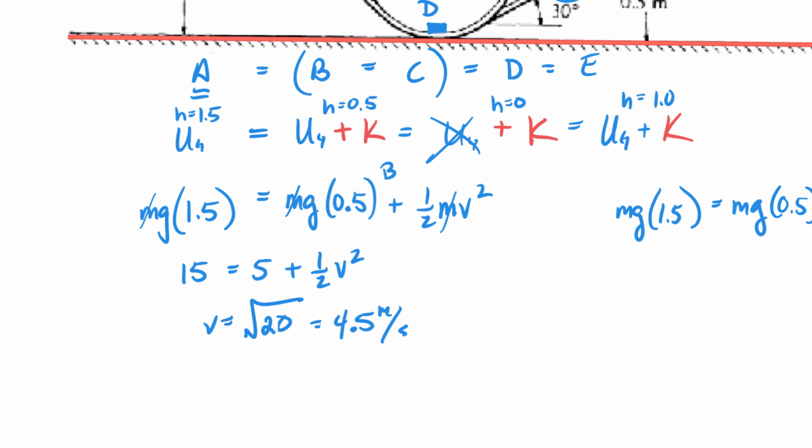You're confused? Then you should say something. Where? Okay, so I will do more math. Which math do I need to do? The 15 equals 5... Okay, so you're good with me getting to here. So I will subtract 5 from both sides, and then 15 minus 5 is 10.